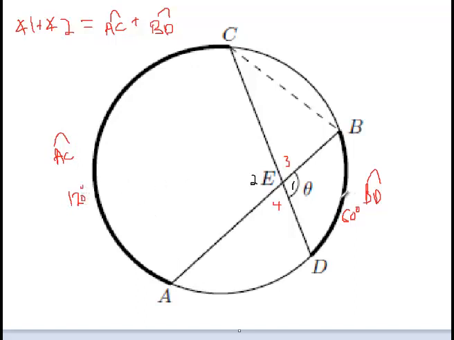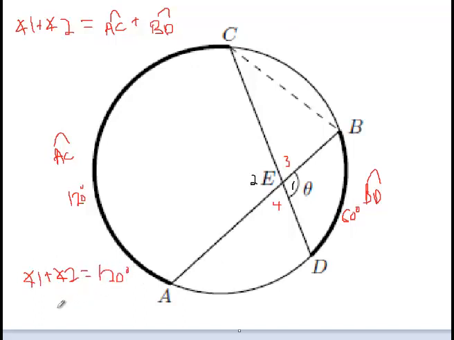Well, that means these two arcs combined are 180, which means that angle 1 plus angle 2 is 120 degrees.